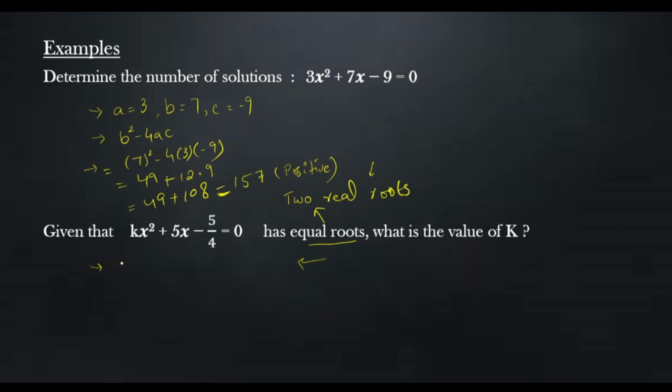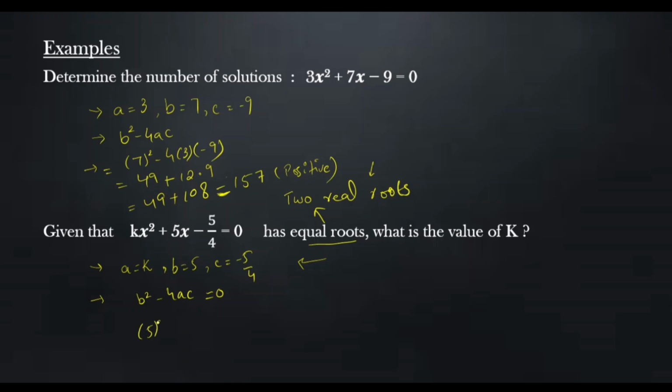First of all, just identify that a is k, b is 5, and c is minus 5 by 4, a constant number. Secondly, put the formula b square minus 4ac. Now they said themselves that the equation has equal roots, so we will put it equal to 0. Simply substitute the values.